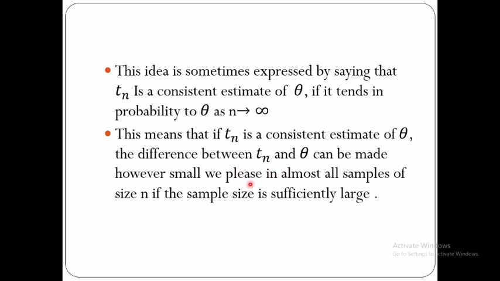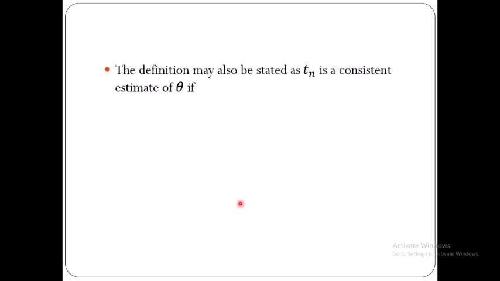It can be made as small as we please in almost all samples of size n if the sample size is sufficiently large. That is, the probability that the difference between the statistic and the parameter theta is small approaches 1 when n tends to infinity.